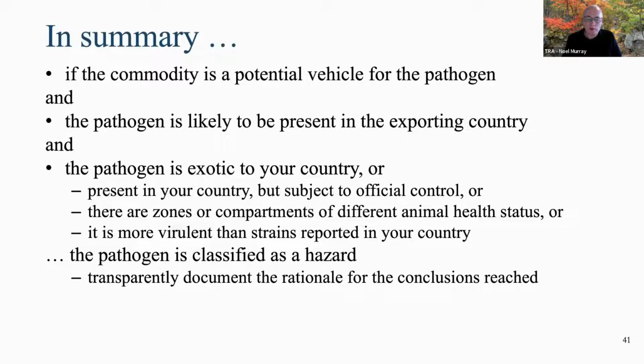Perhaps it's exotic to your country, or it's present in your country, but it's subject to some sort of official control, or there are zones or compartments of different animal health status, or more virulent strains are reported in the exporting country than what exists in the importing country. Provided we can satisfy these different questions, we can classify the pathogen as a hazard. And once again, it's important to transparently document the rationale for the conclusions that we reach.